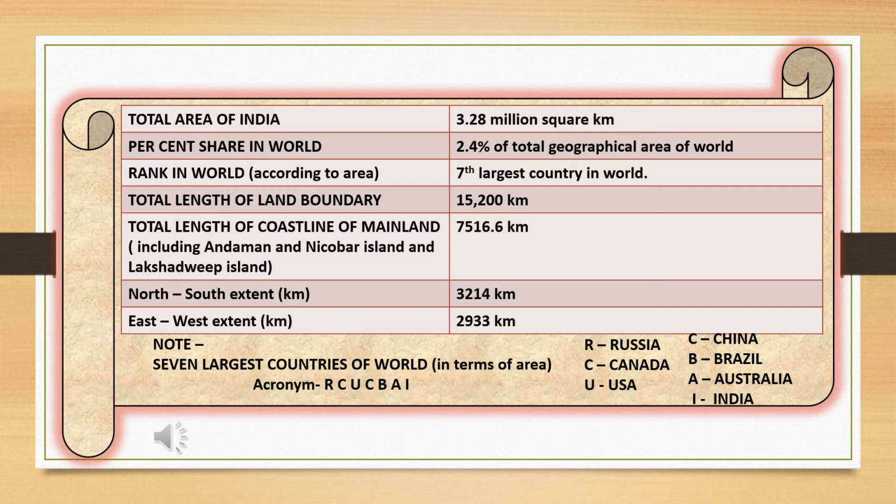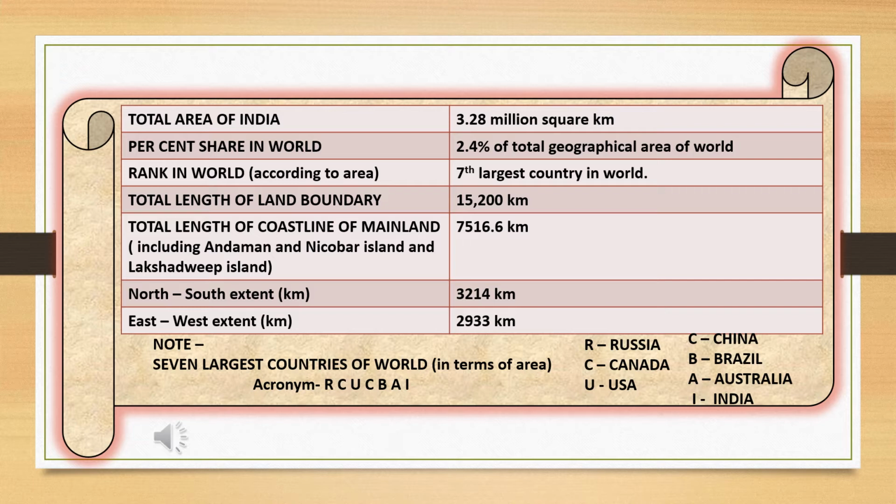Total length of land boundary of a country is 15,200 kilometers. Total length of the coastland of a country, including Andaman and Nicobar Islands and Lakshadweep Islands, is 7,516.6 kilometers.